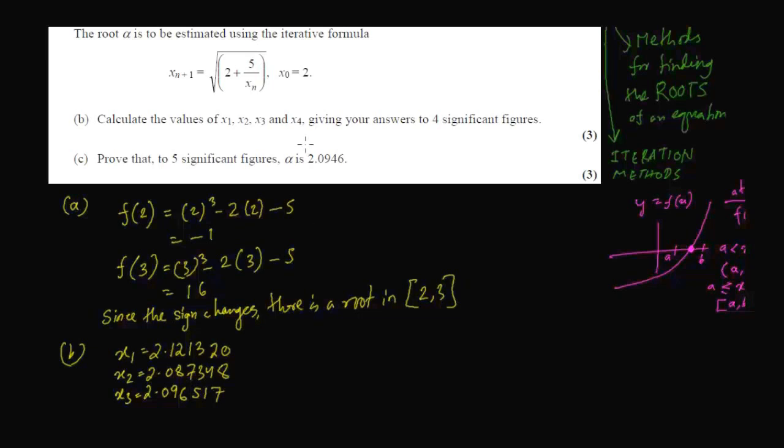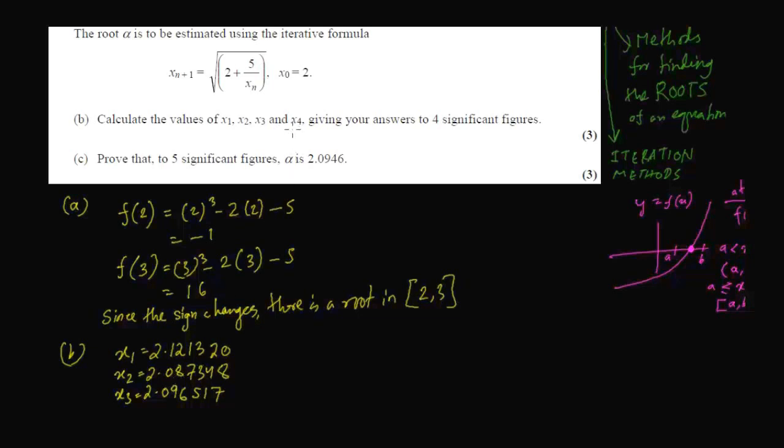Well, most of the time they will tell you they want x4 or something, but if they do not mention x1, x2, x3, x4, and they just tell you find the root, you just stop when two values match. For example, if it was 2 decimal places, 2.087 will become 2.09, and 2.096 will become 2.10 because of the 6, so they don't match exactly. So you keep on writing till two corresponding values absolutely match each other, only then you can stop.